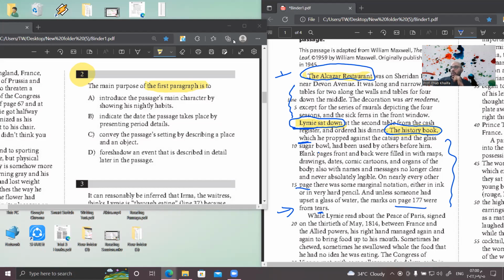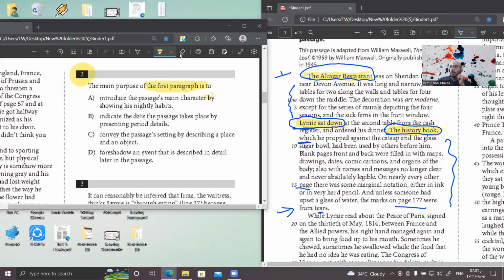Ziad, switch on the microphone, Ziad. Yes, sir. So you say introduce the passage's main character, right? That is correct. We have Laimi here, and Laimi is the main character. True.